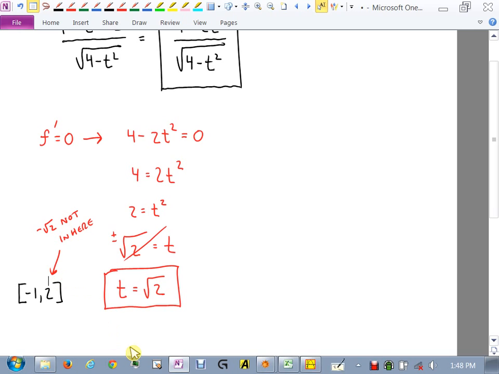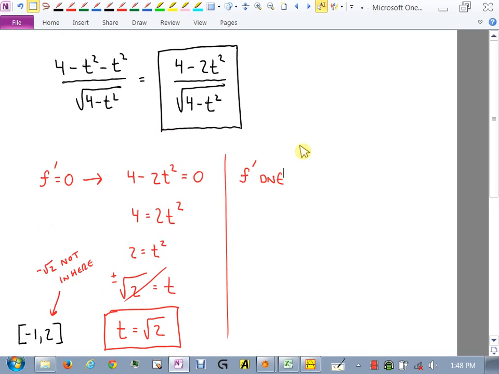Am I done? No. Now I need to get anywhere where the derivative was undefined. So you look at the derivative and you tell me what's going to mess this thing up. We have a square root of 4 minus t squared, don't we? Another weird square root where we have to look at every possibility. So this becomes another quadratic inequality. But we don't have to go through all that because we already did in the previous part.